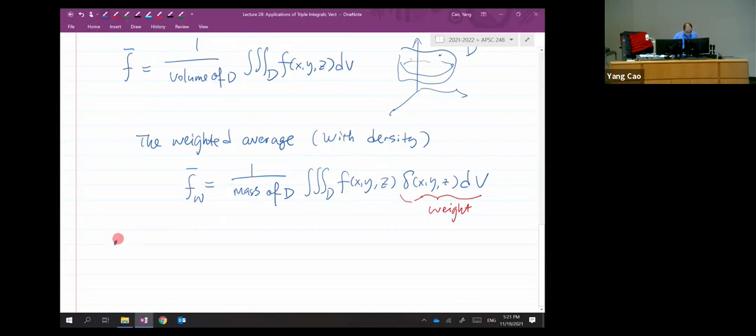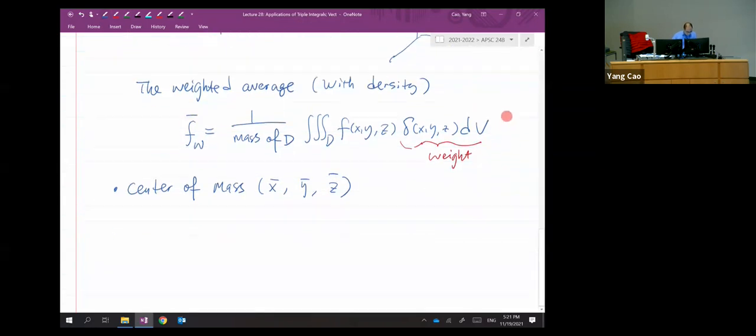All right, and the next is center of mass. Because you have a 3D object, the center of mass will have x, y, z, three components. This is pretty straightforward.